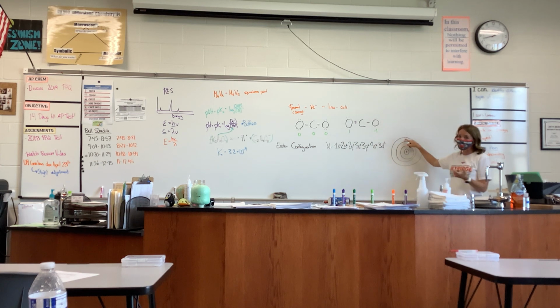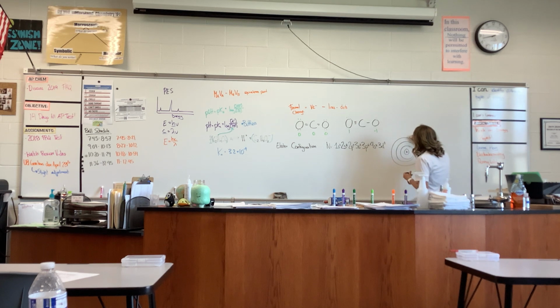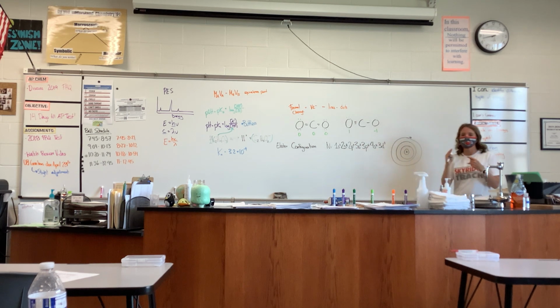Within this 3rd energy level are 3 suborbitals: the S, P, and the D. It's not a super correct drawing, but it should hopefully help you understand that the 3D orbital and the 4S orbital are right by each other.